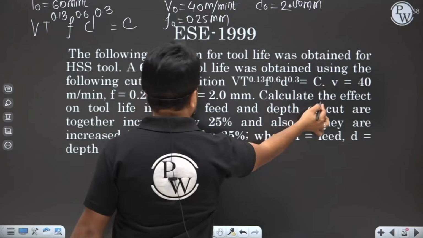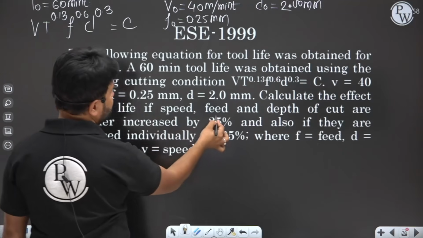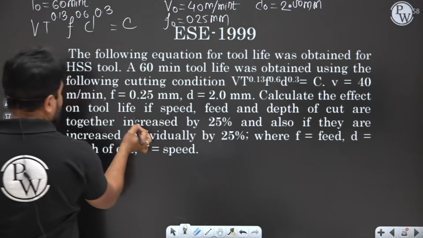Calculate the effect on the tool life if speed, feed and depth of cut are together increased by 25%.